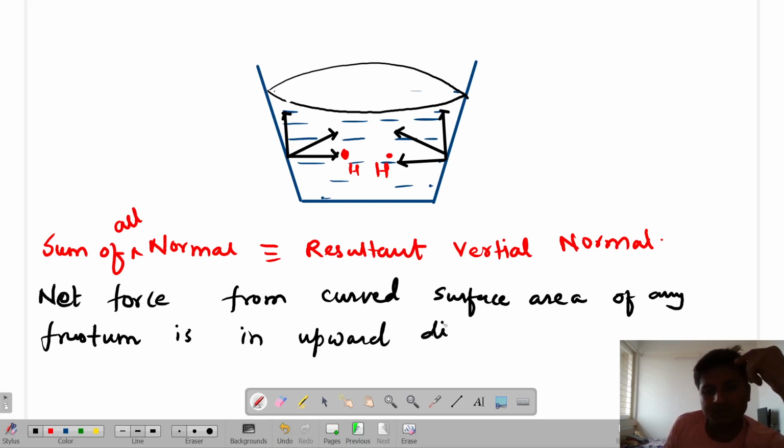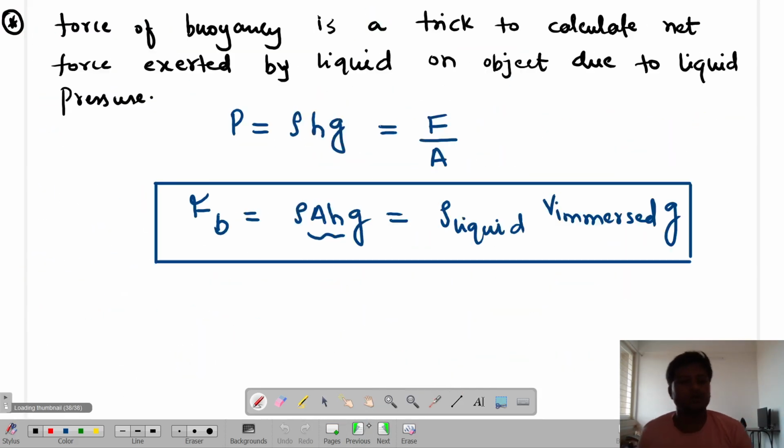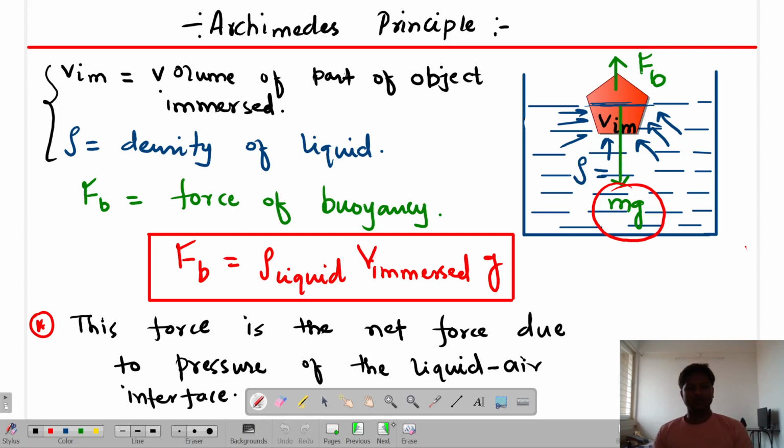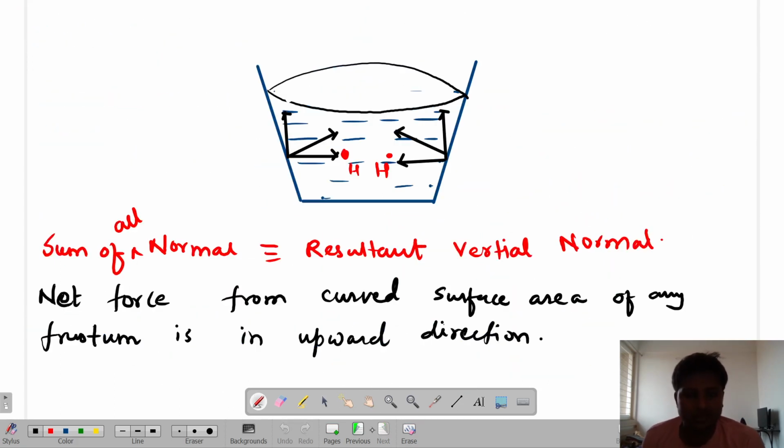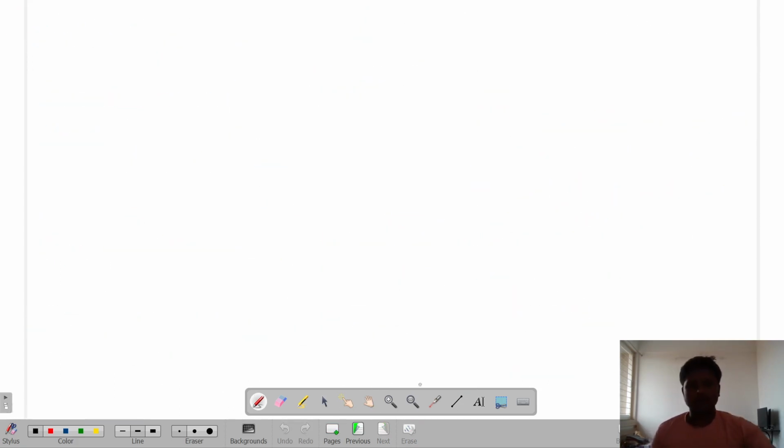Is that clear? So we are going to utilize all these concepts one by one, and let us see how we utilize them. We bring our first question regarding that.